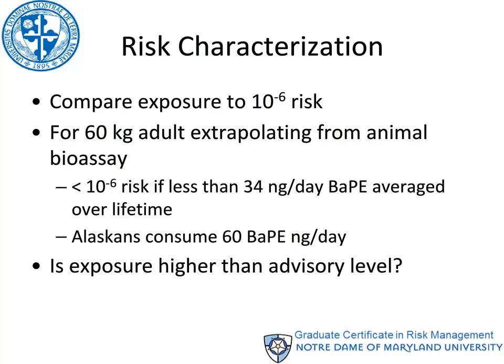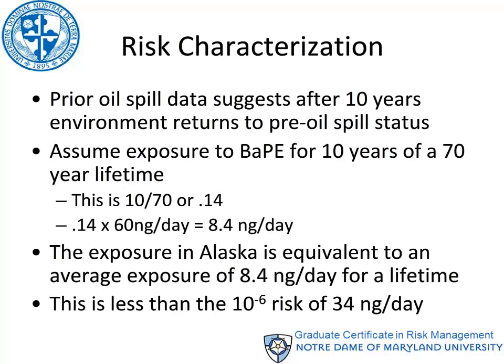Alaskans are consuming 60 nanograms per day. So if we ask, is this exposure higher than the advisory level? I think we would all agree that 60 is higher than 34. But this was real-time risk assessment. It's science-based. That's not the same as science, so let's have a look.